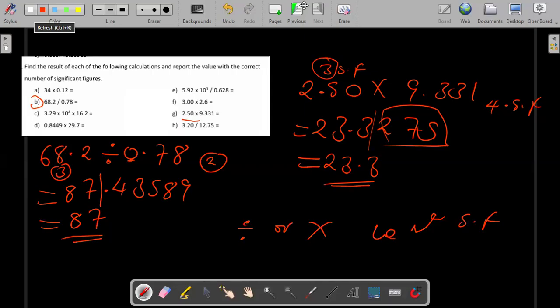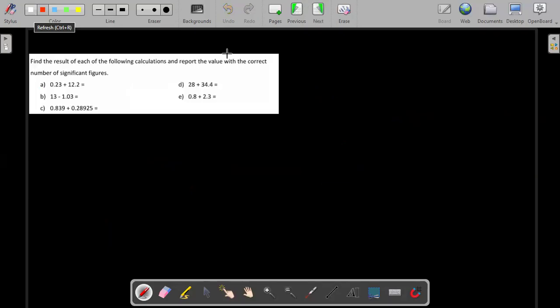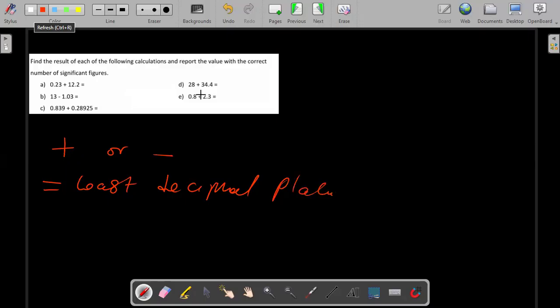Now let's go back to addition. What happens when we are adding or subtracting? When we are adding or subtracting, we follow the one with the least decimal places. Let's have an example.